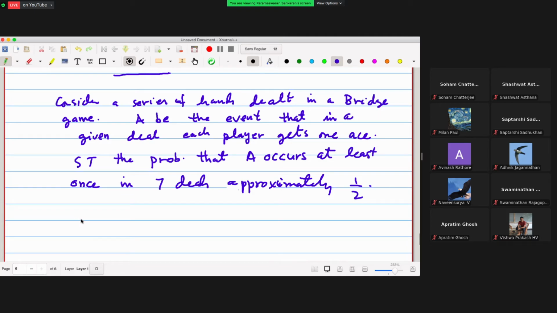Okay, let us compute this. So first, let us compute what is the probability of A. Before we can compute the probability of A, you need to know the number of ways of dealing the cards.